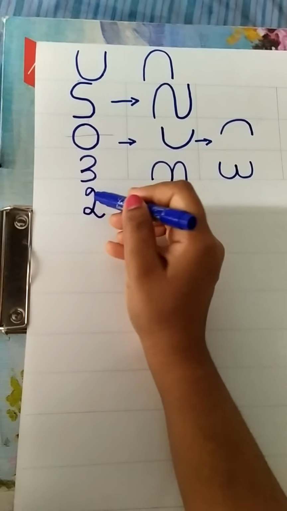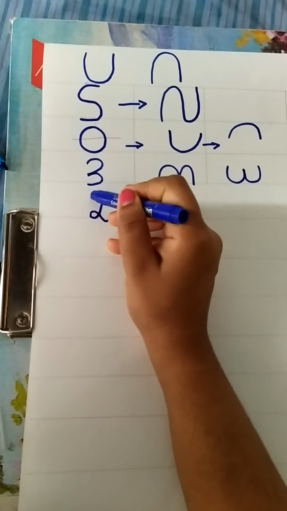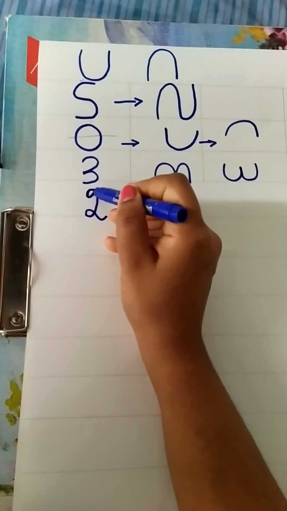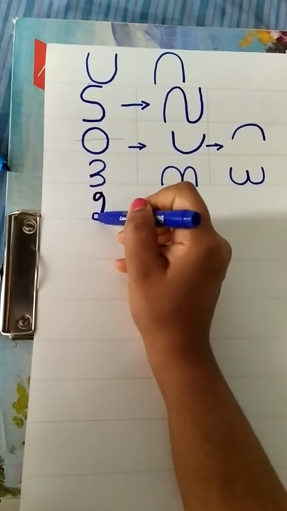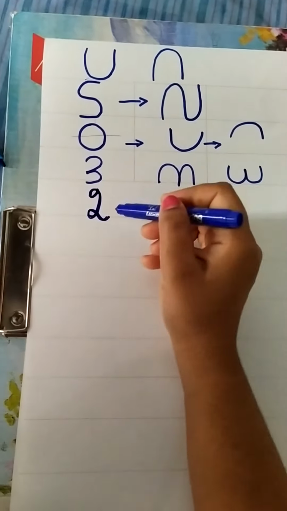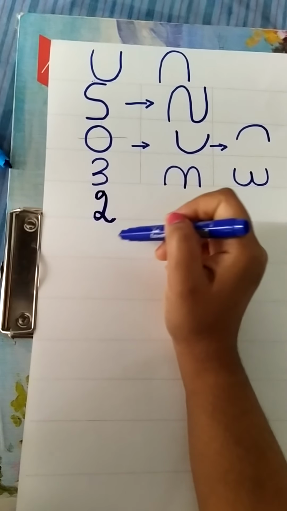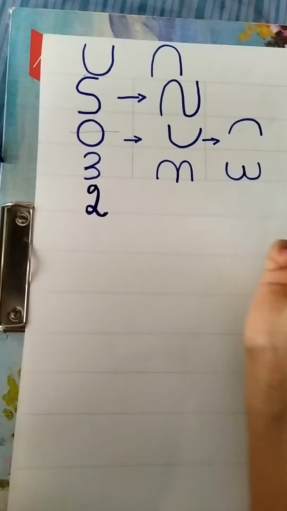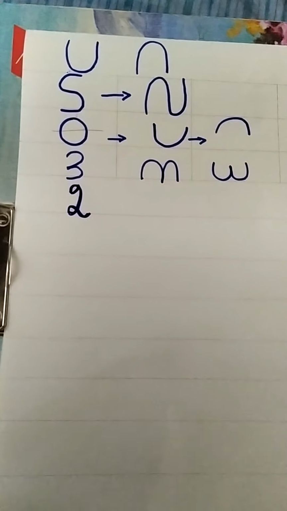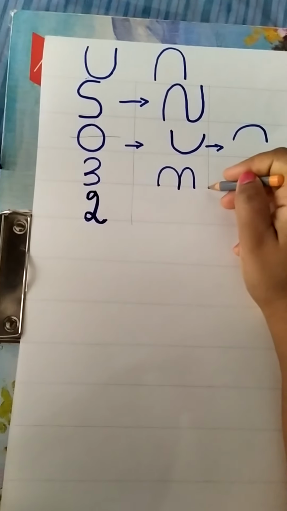This is 2. So children, start writing 2. I said it will be in a curve. So this way you have to practice 2. So these are the few shapes you should know before we start writing our Kannada letters.